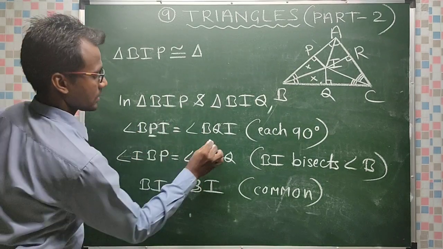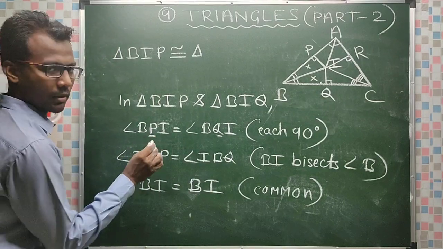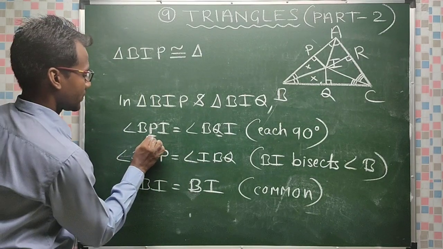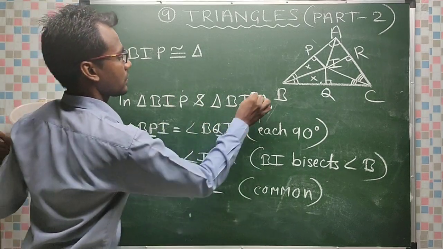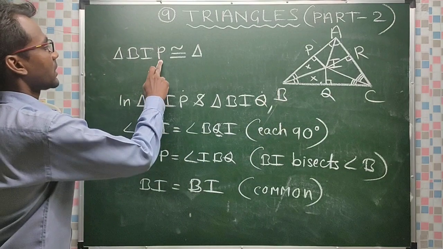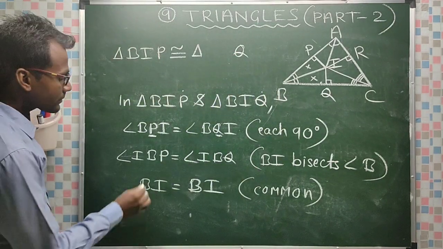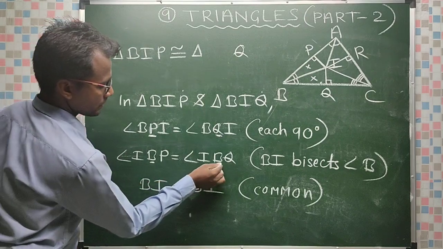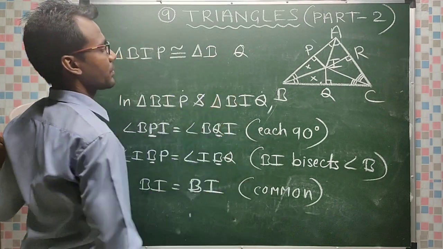Angle P, angle Q. BPI means target P. Look at the middle vertex. P is equal to Q. P third, so Q third. B is equal to B. B first, so B first.